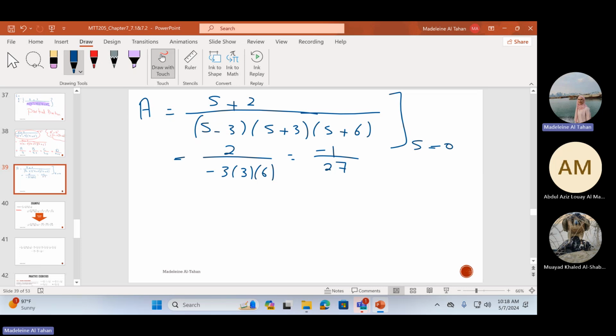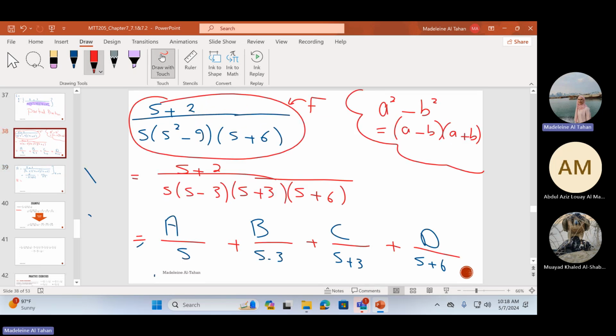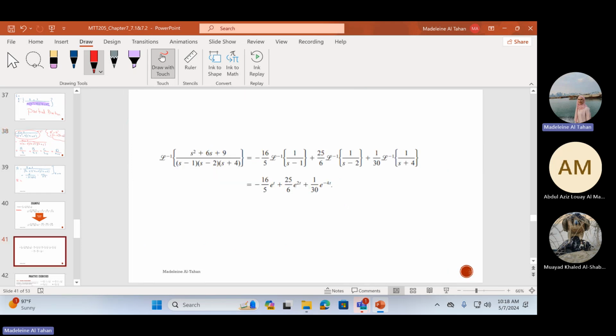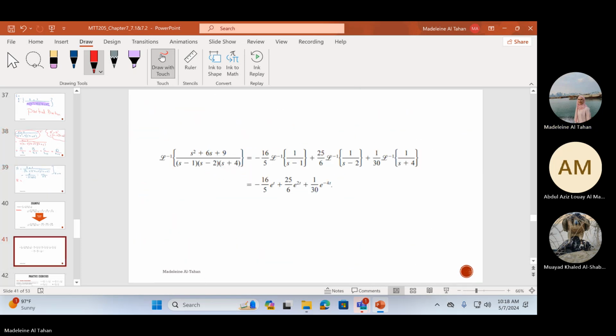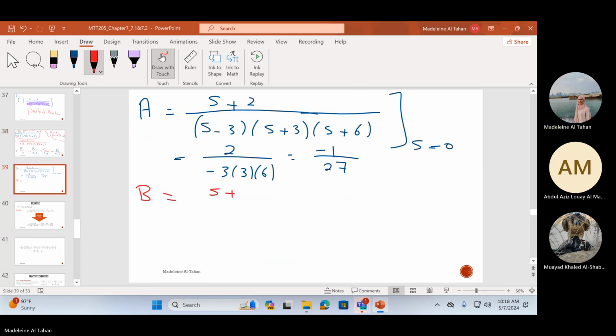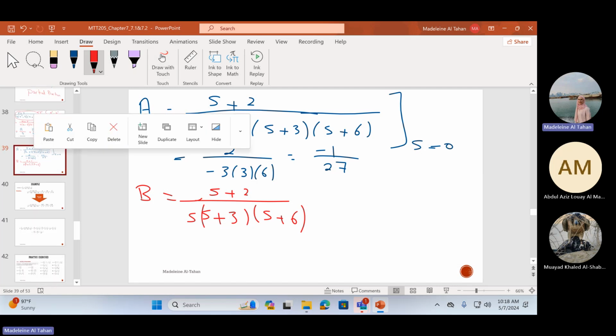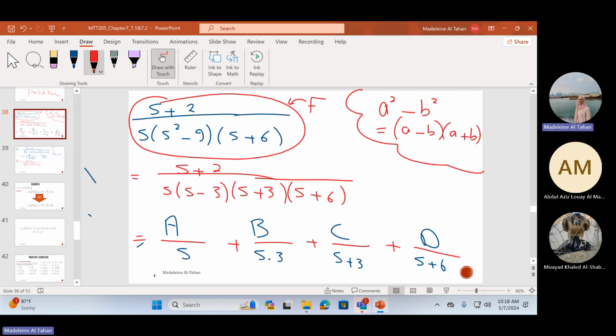For B, what should we find? What are we left with if we hide s minus 3? s plus 2 over s plus 3, s, and here s plus 6. When we hide it in B, what makes this denominator 0? s minus 3.